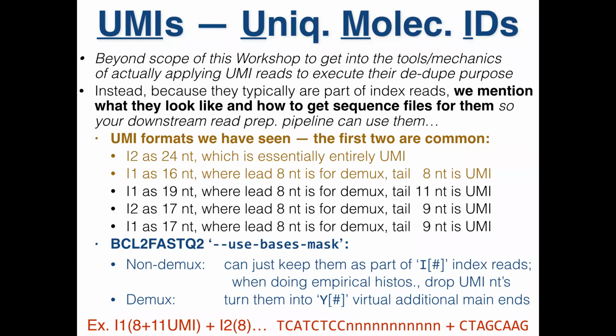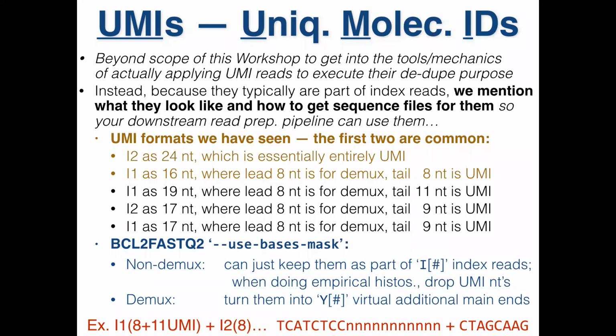So that's how UMI looks. Once you've got the UMIs in FASTQ files, how you use them depends on the tool. That's just how the mechanics work, how they move around in the raw run folder. And since it's a demux workshop, that's what gets them ready for the next handoff.